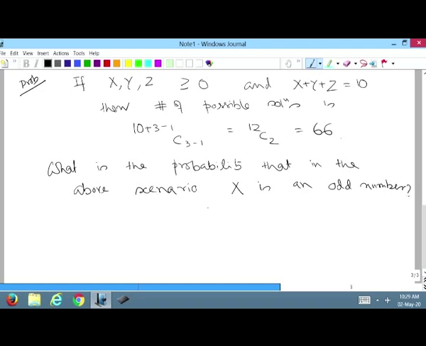So, what we have to do? We know that the total number of points in omega, or the cardinality of omega, is 66. So, we have to find out the number of cases when x is an odd number under this condition, and from there we have to compute the probability.